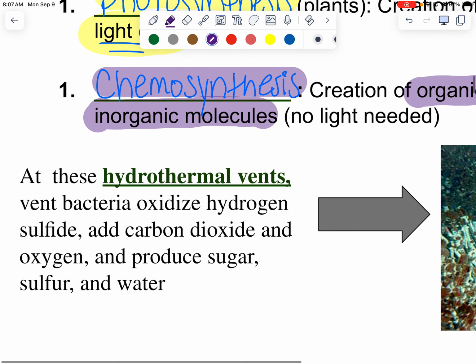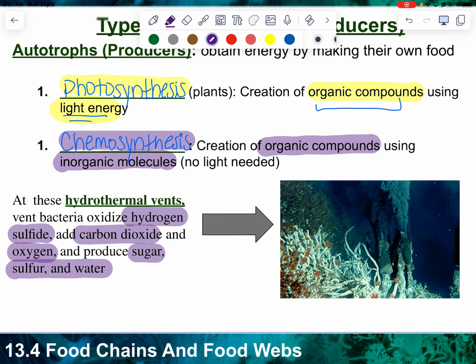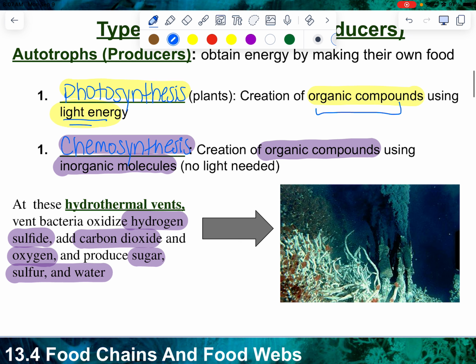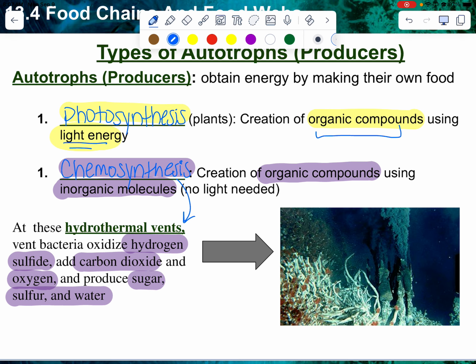So in this scenario, hydrogen sulfide, carbon dioxide, and oxygen make sugar, water, and sulfur. So this is an example here of chemosynthesis, whereas plants are typically photosynthesizers. Give me a thumbs up if you're okay with that.